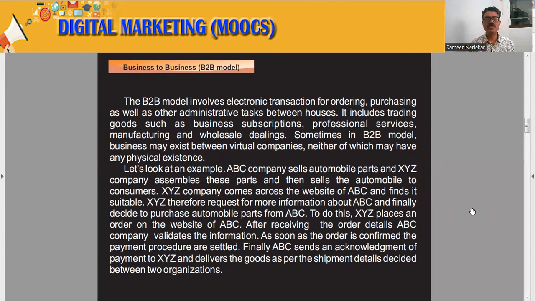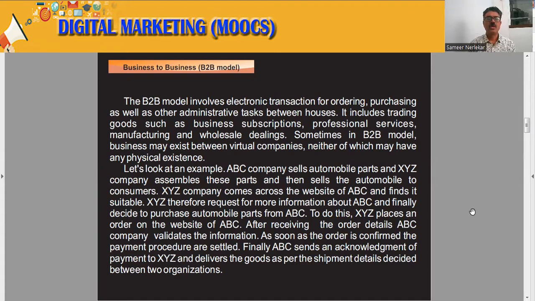It includes trading goods such as business subscriptions, professional services, manufacturing, and wholesale dealings. Sometimes in the B2B model, businesses may exist between virtual companies, neither of which may have any physical existence.